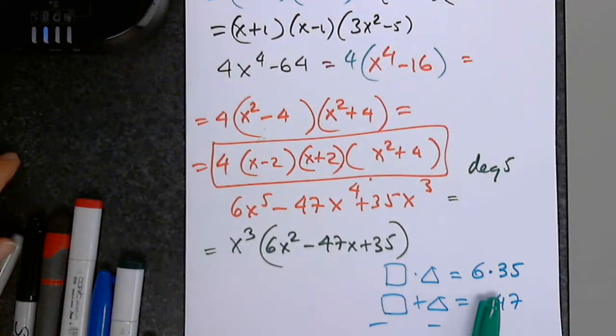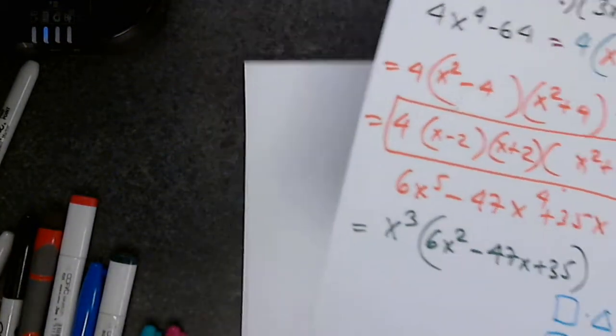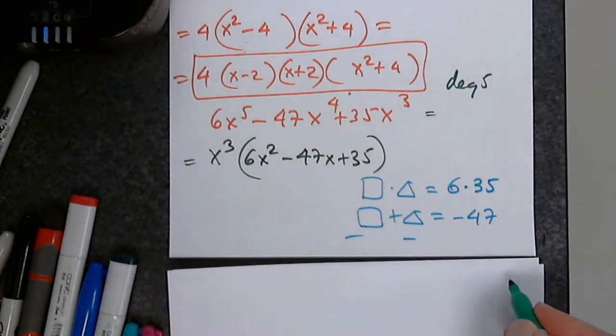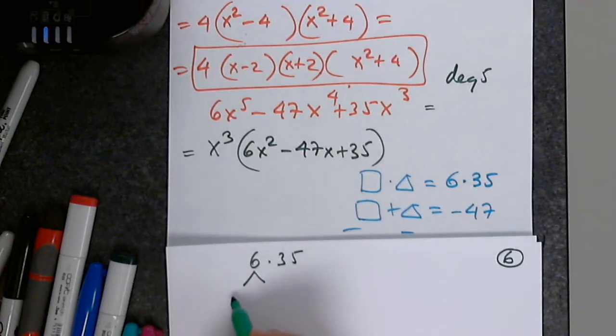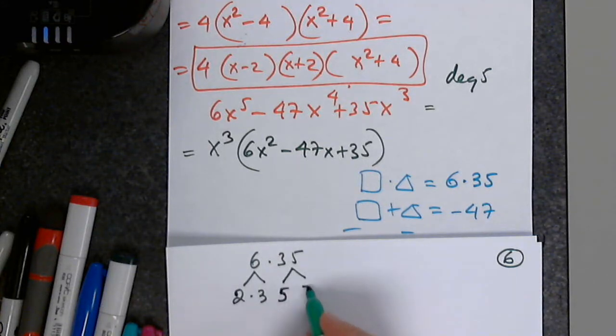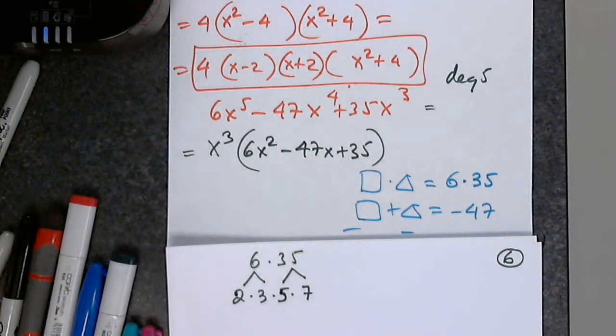Okay. I take 6 times 35 aside. 6 times 35. 6 in prime numbers is 2 and 3. And 35 in prime numbers is? Perfect. We need to use all factors and come up with two numbers whose sum is 47. Or if you prefer, two negative numbers whose sum is negative 47.